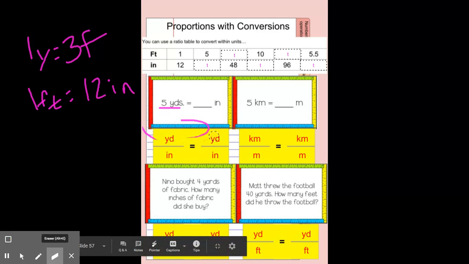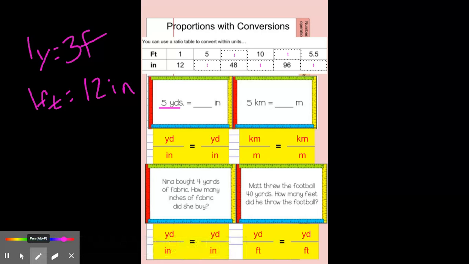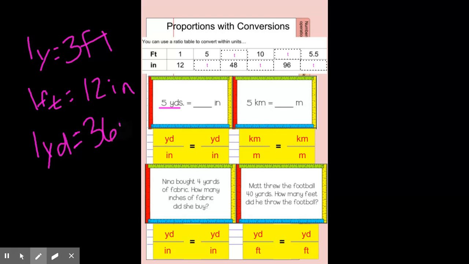Okay, so we're going to use that information to help us solve this problem. Let me erase my circle here. If we know that 1 foot is 12 inches and we have 3 feet in a yard, then I'm going to multiply 3 times 12. So 1 yard is equal to 36 inches. So that's what I'm going to start with here. 1 yard, 36 inches. We want to know how many 5 yards is. That's what we don't know.